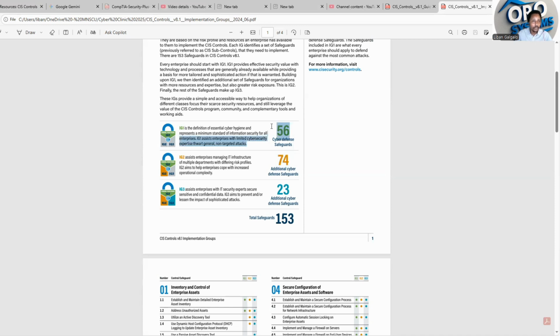That means it's including this one as well, so it's not separate. And IG3 has 23 controls, which are not included in here. That is different. But if we add this together, it becomes 153. That's the total number.